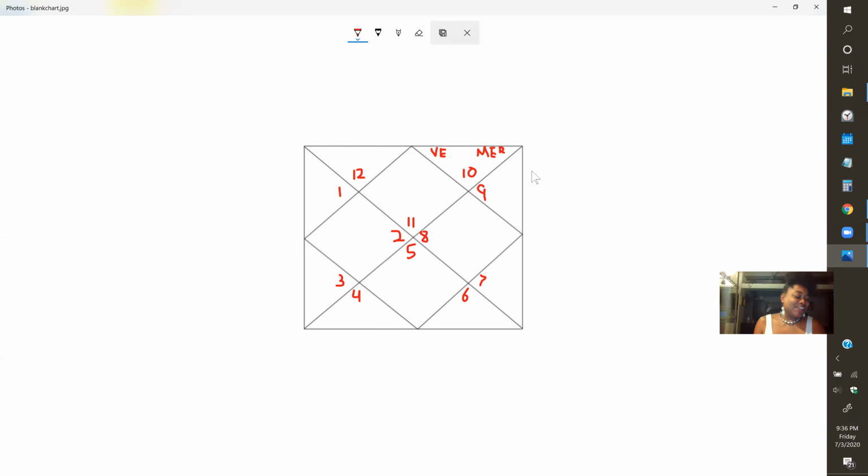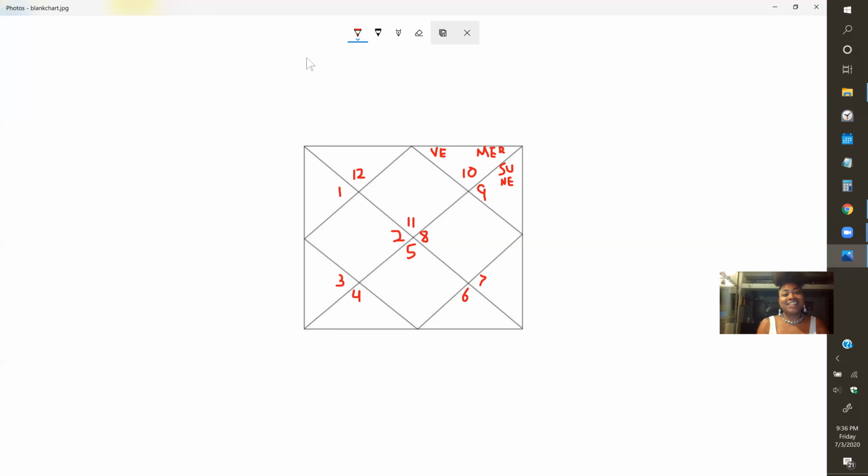Okay, so I've got the sun and Neptune in my 11th house. Boy, these E's. Why did I put Jupiter there? Jupiter is in my 11th house right now.